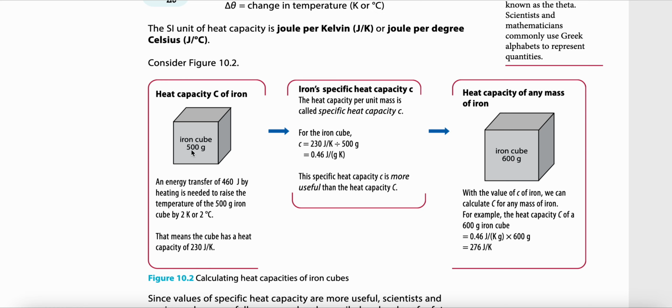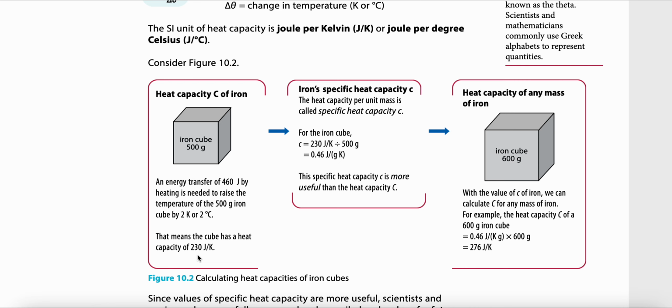You understand why, right? Because this block takes 230 joules to raise by 1 degree Celsius. If I have another block exactly the same of iron, I need another 230 joules to raise this by 1 degree Celsius. Therefore, if I look at the system as a whole, as the two bodies as one, because I'm interested in now a 1 kg cube of iron, then my heat capacity of this new 1 kg cube is 230 joules per Kelvin.